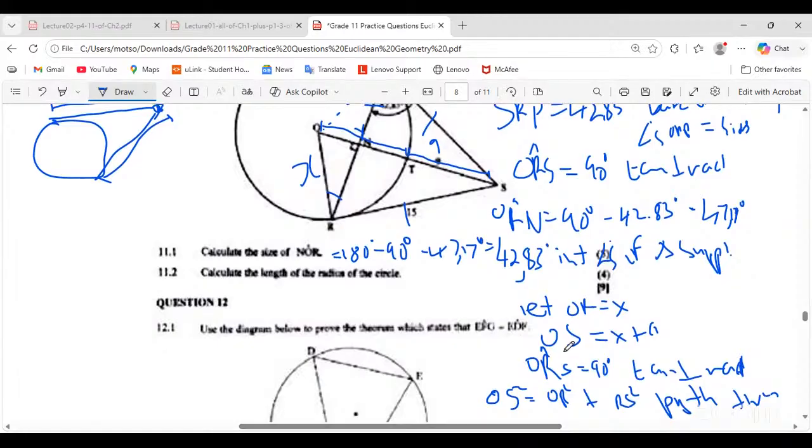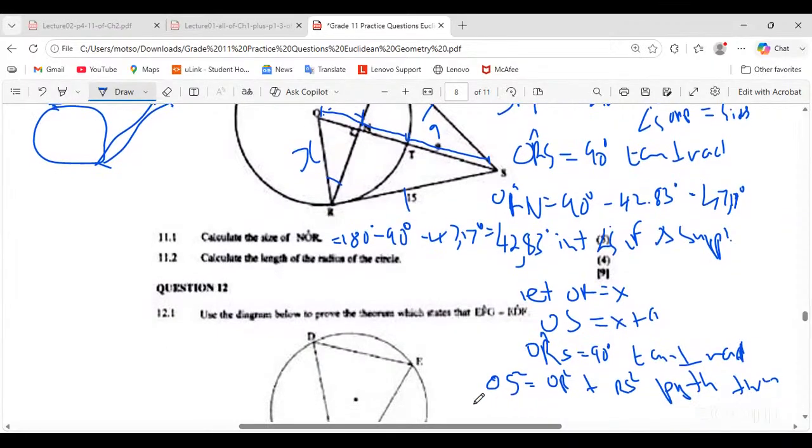Now, what is OS? OS is x plus 9, squared, is equal to OR squared. It is x squared. RS is equal to 15. So it's going to be 15 squared.